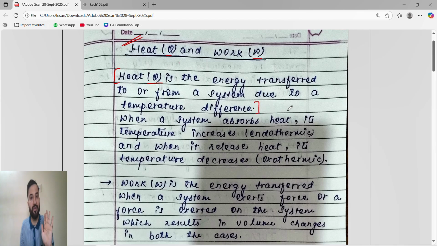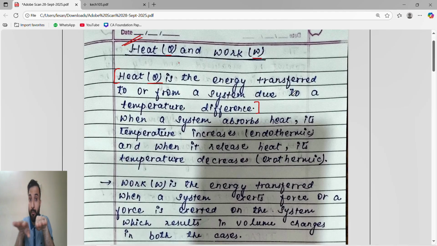If the system temperature is less and the surrounding temperature is more, heat transfers from the surrounding to the system, meaning the system absorbs heat. If the system temperature is more and the surrounding temperature is less, the system releases heat to the surrounding. That is an exothermic process.